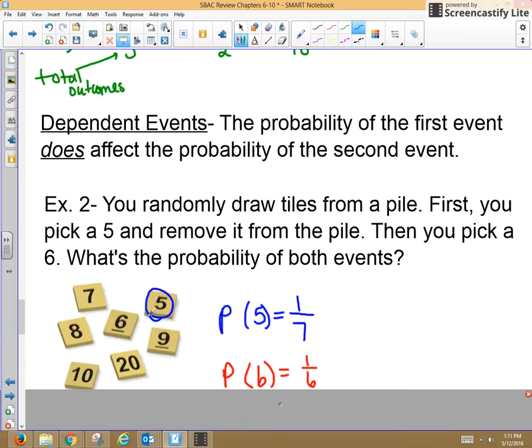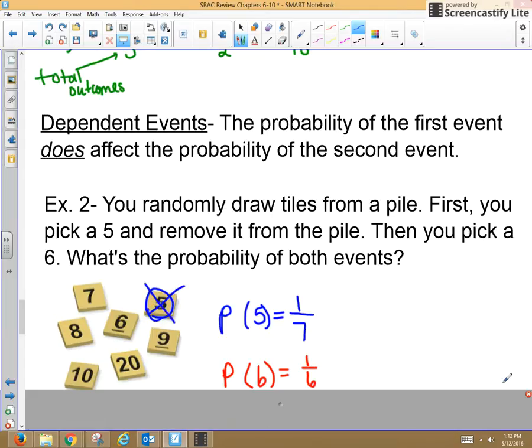So we draw a 5, and we don't put it back. We take it out. Now, when we drew the 5, there's only one way to land on 5 out of 1, 2, 3, 4, 5, 6, 7 total outcomes. So this is a 1 out of 7 chance of picking a 5.